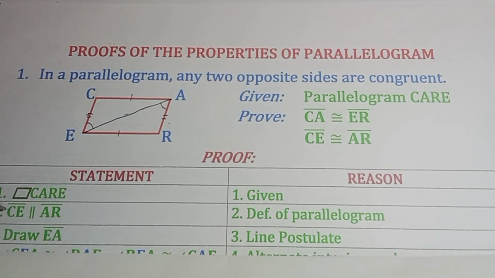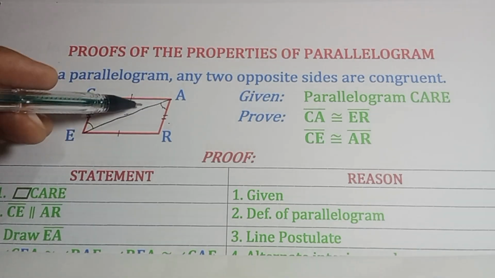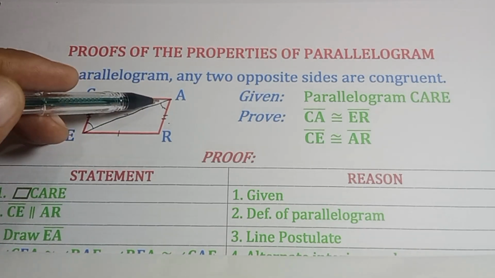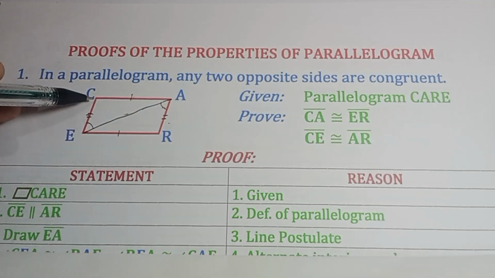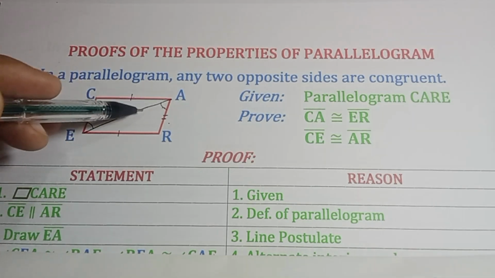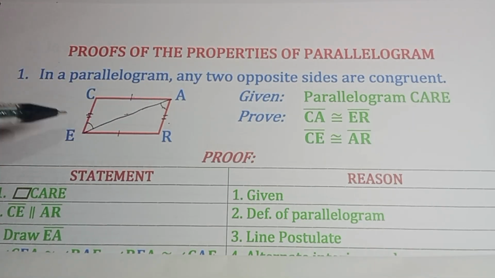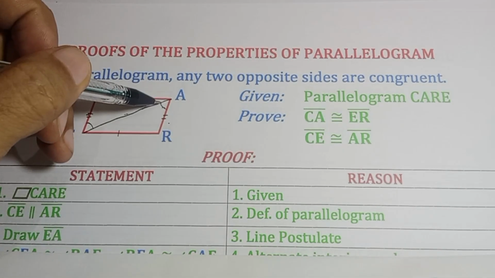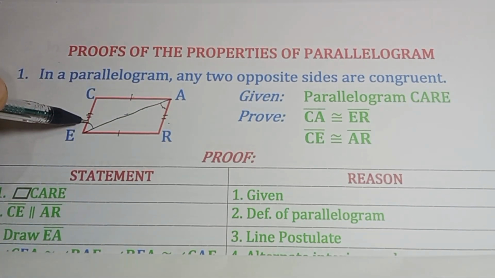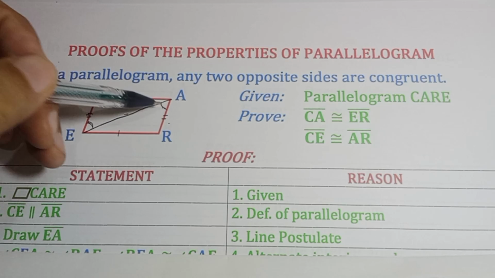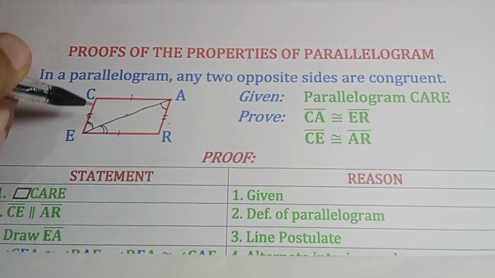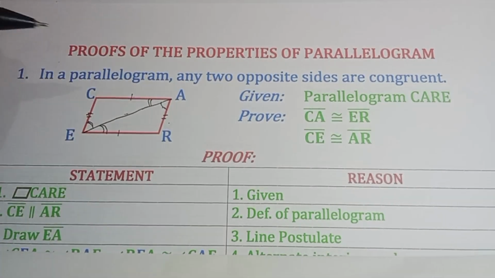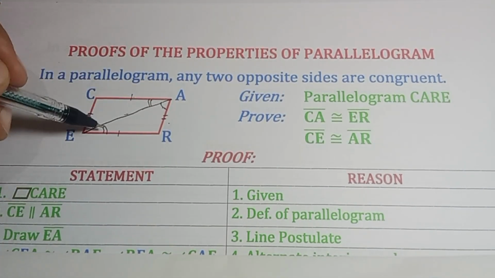Since our side CE is parallel to AR, this diagonal will now serve as a transversal. Okay, so it says that if two parallel lines are cut by a transversal like this, the alternate interior angles are congruent. So these are the alternate interior angles. The other is this angle and this angle, also alternate interior angles.